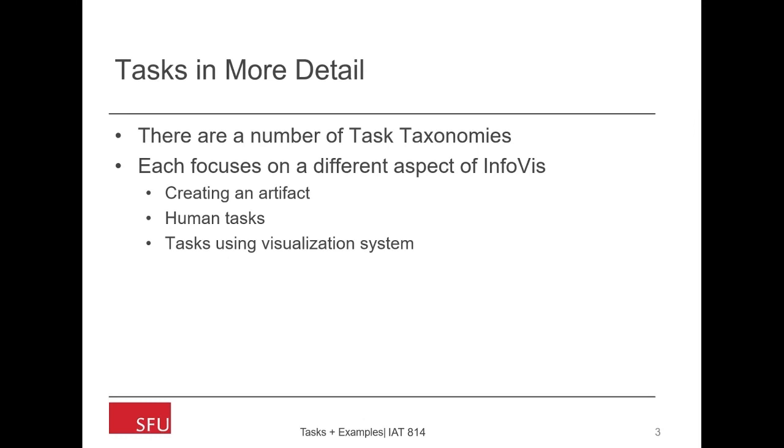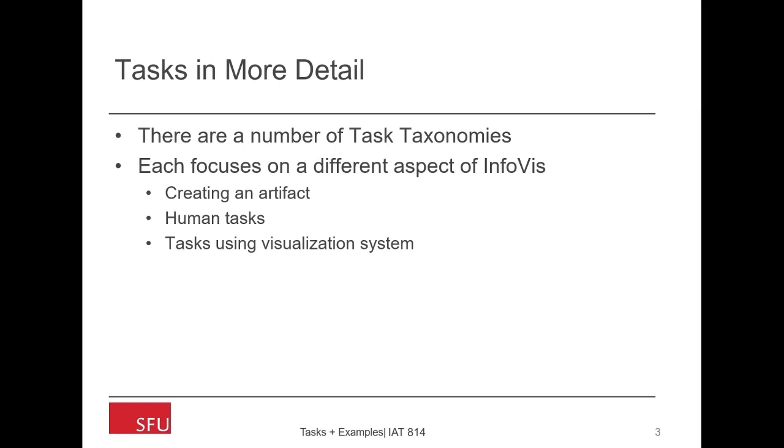And some tools will be absent things that real analysts would really need, which made the tool hard to use, or stymied progress where you would expect to make some. So what we're going to talk about is a task taxonomy, an organizational set of ideas as to what kind of tools visualization systems ought to provide.